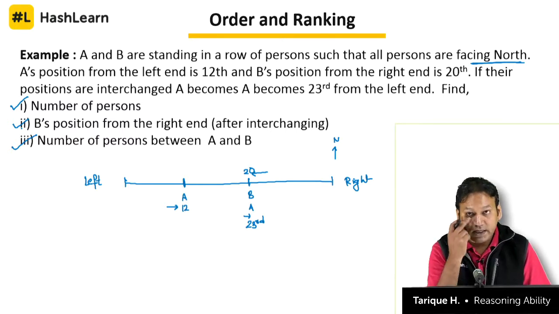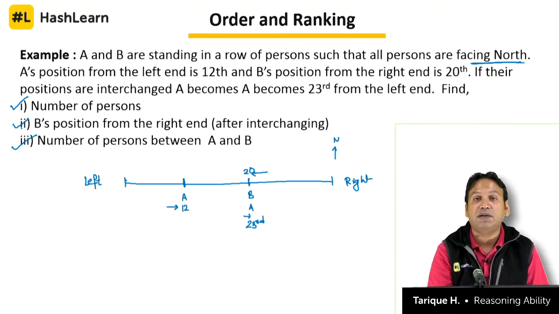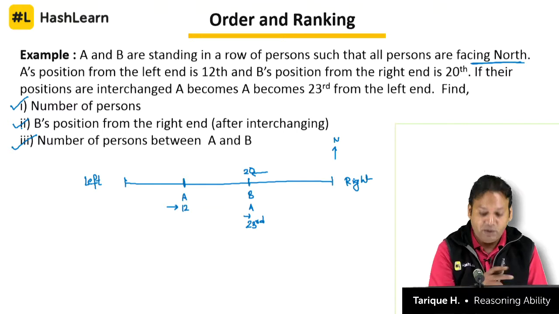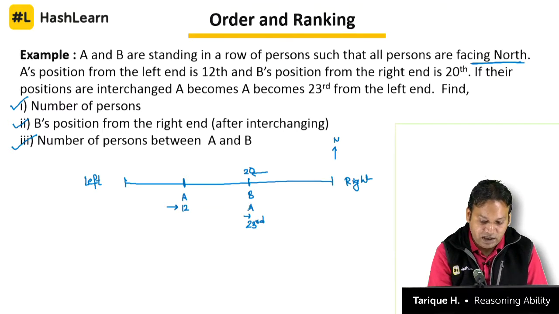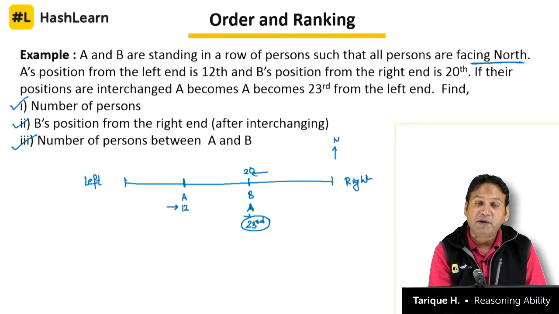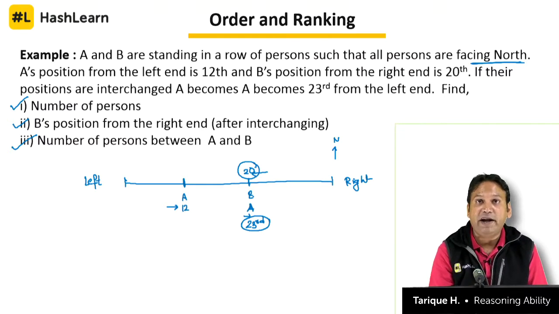When we tell you that the positions are interchanged, A goes and stands where B was standing and B goes and stands where A was standing. When A is standing at B's position, his rank from the left end is 23rd, and we know that the rank of the position that B occupied was 20th from the right end. That means now we know the rank of a person from the left end as well as right end at one particular position.